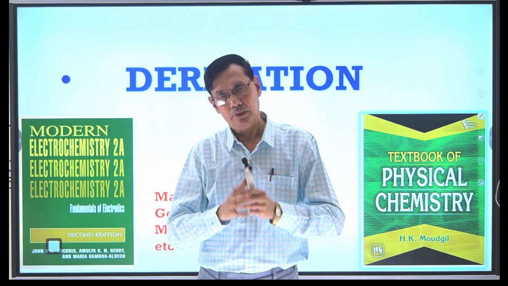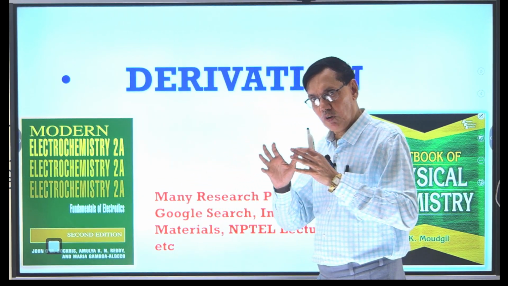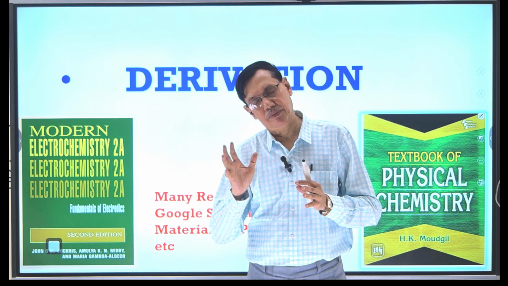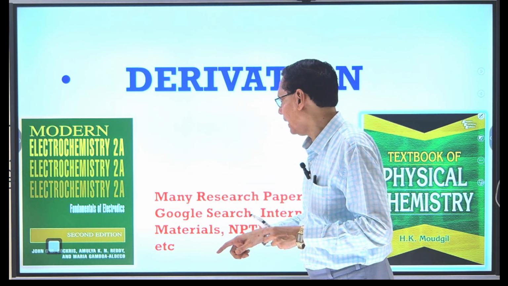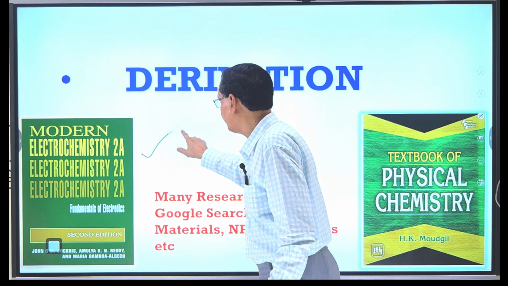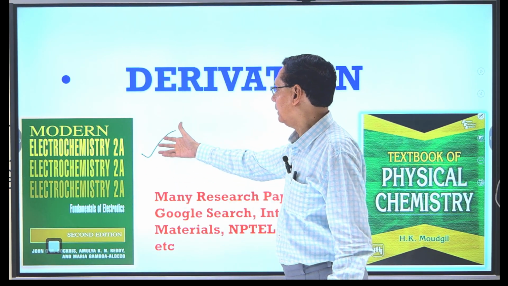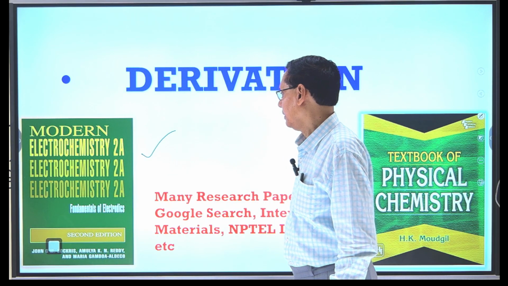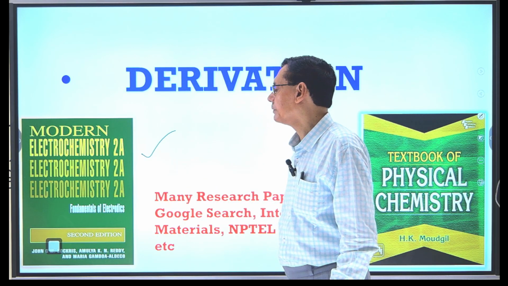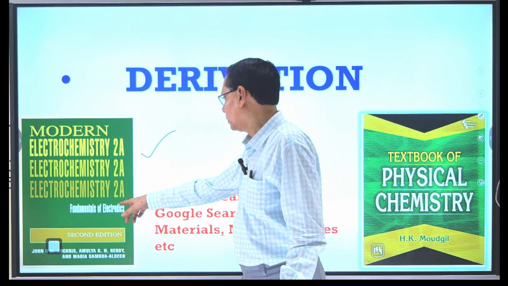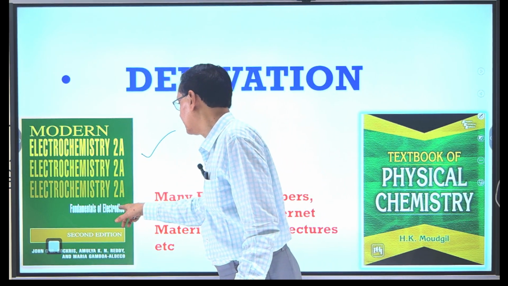But for notations and other constants, I have referred the best book, that is Modern Electrochemistry by Bockris and Reddy, part 2, second edition, Fundamentals of Electrodics.